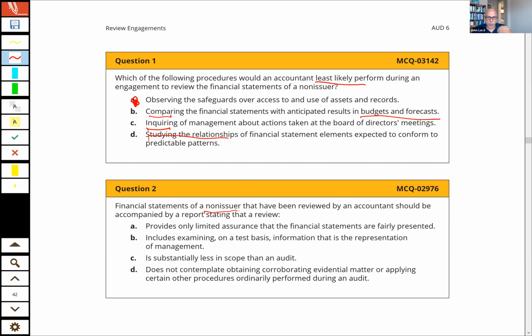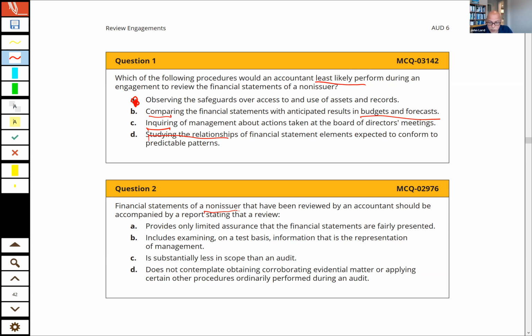When we're talking about performing a review under the SARS, that's automatically a non-issuer. We're going to see that we will be doing reviews of public companies under the PCAOB requirements, and that's going to come in a few pages when we start talking about interim reviews. So don't worry about non-issuer right now. I think you'll see it's clear.